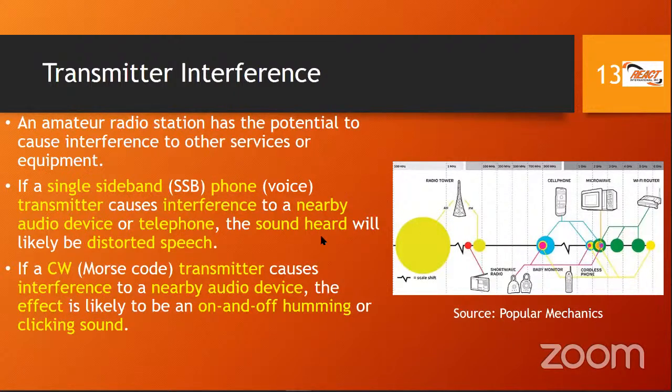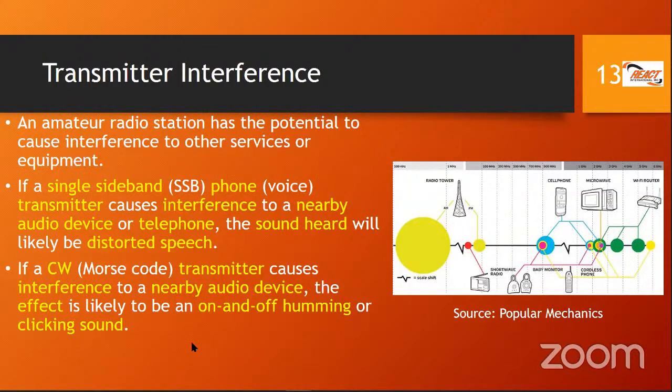What will happen is the person will hear a sound and it will be distorted. Let's say they are hearing someone else talking to them on the telephone, or someone is using a radio and listening to it, they may find that the speech they are listening to becomes distorted. So then you can conclude, all right, it's probably my SSB transmitter that is causing a bit of interference. SSB transmission voice will cause distorted speech on the nearby audio device.